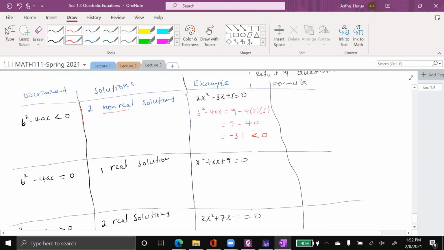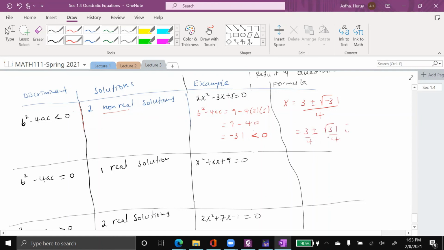Okay, and if you solve this equation, you will get x equals 3 plus or minus root negative 31 over 4, which is 3 over 4 plus or minus root 31 over 4i.